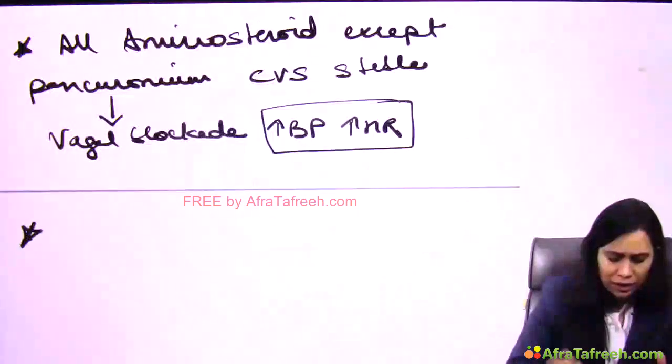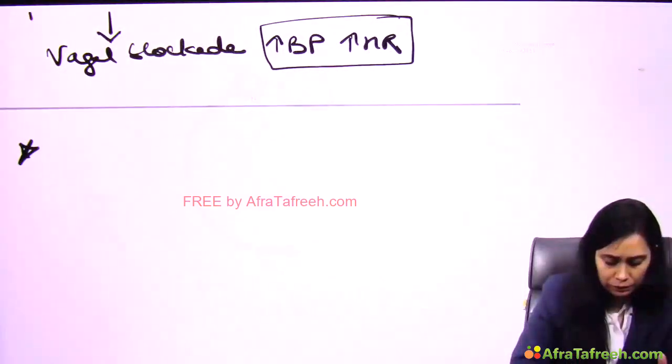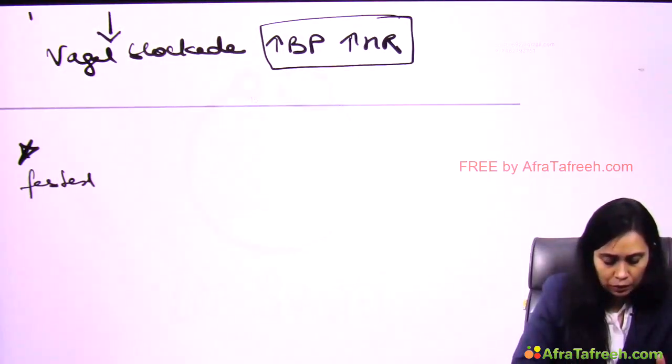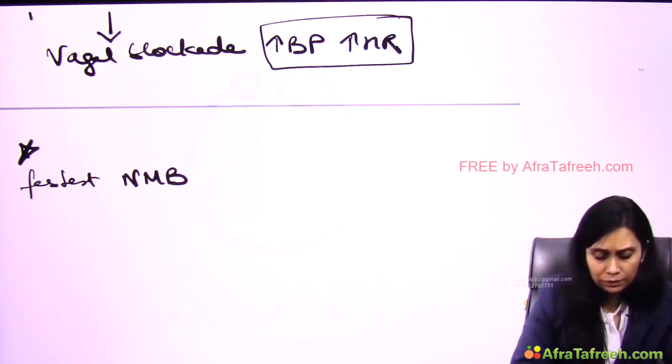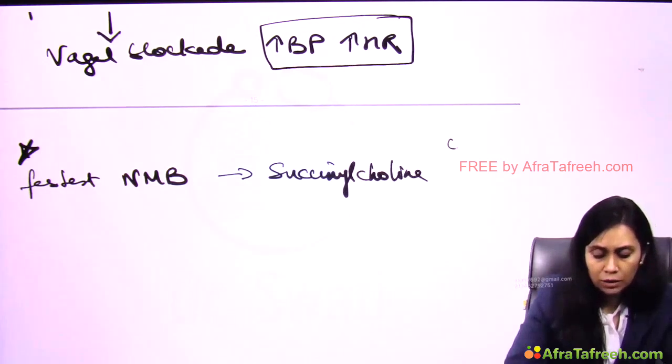Then comes rocuronium. Before I tell you anything extra about rocuronium, let me discuss a few things. Fastest acting neuromuscular blocker, fastest onset, of course, is succinylcholine, with onset of 30 to 45 seconds.